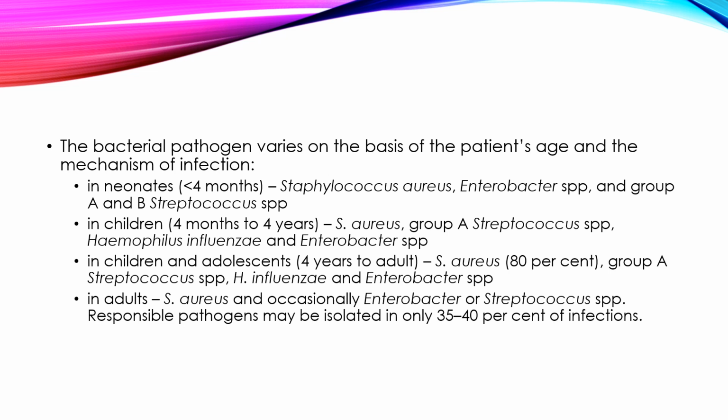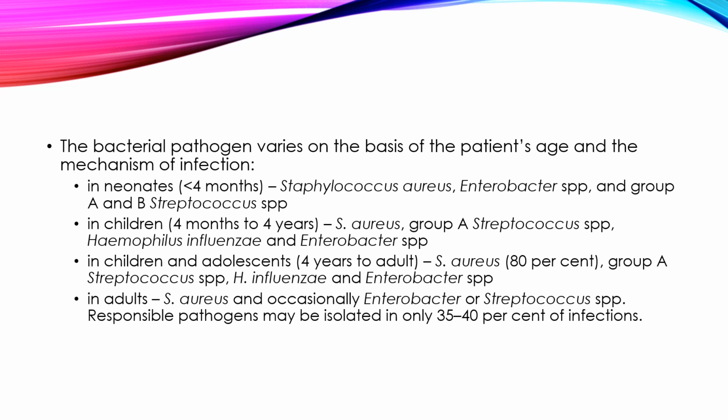In children from 4 months to 4 years: also Staphylococcus aureus, group A Streptococci, Haemophilus influenzae, and Enterobacter are the most common pathogens. In children and adolescents over 4 years: Staphylococcus aureus is the most common, 80%, group A Streptococcus, Haemophilus influenzae, and Enterobacter, similar to those of children.